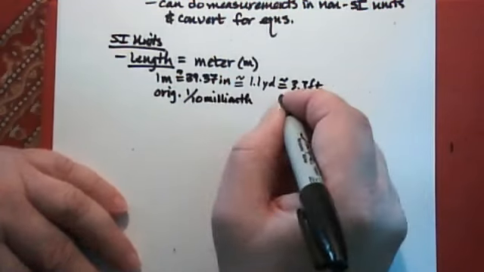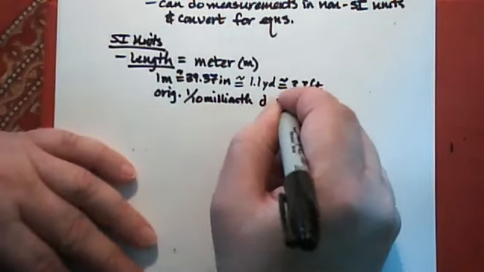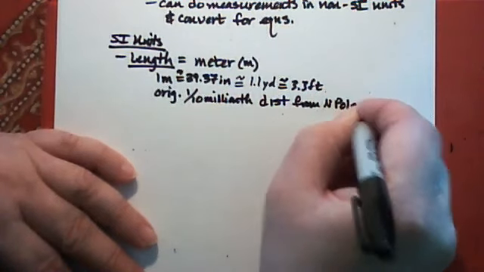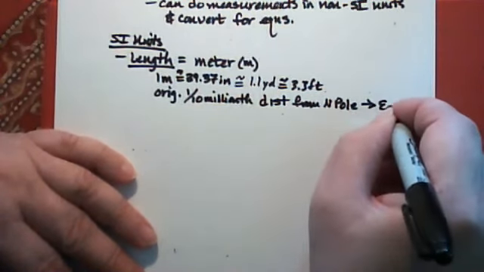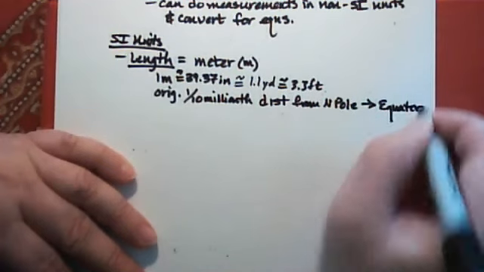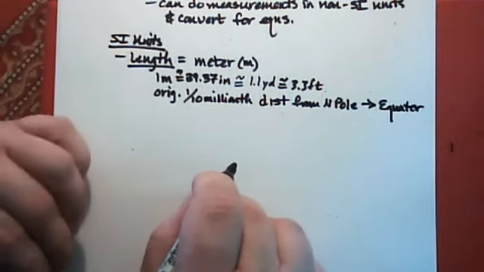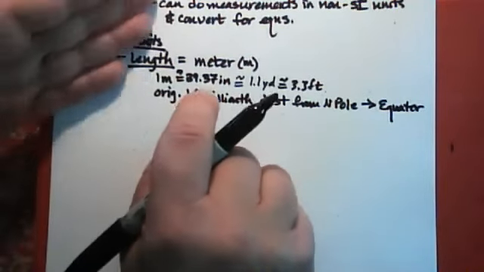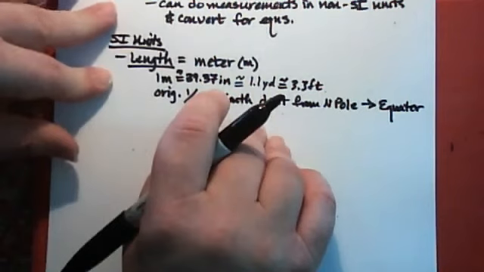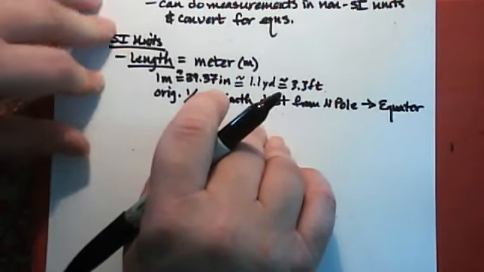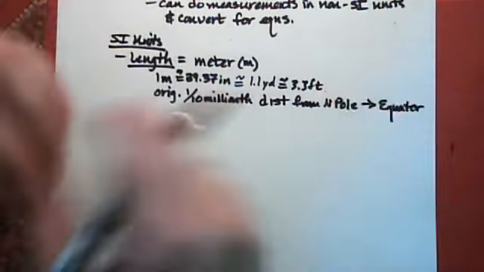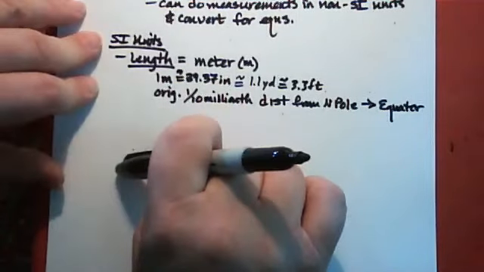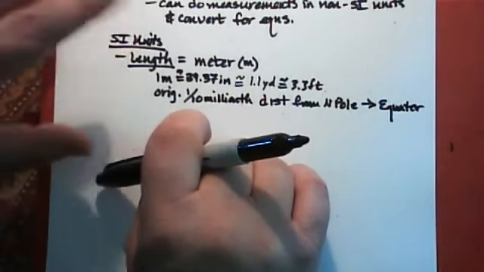Originally, the meter was defined as 1/10 millionth of the distance from the North Pole to the equator, passing through Paris, because the metric system was actually designed in France. After the French Revolution, they put a very high premium on reason, or what they regarded as reason anyway, and they believed that everything should be logical, and they tried to decimalize everything.